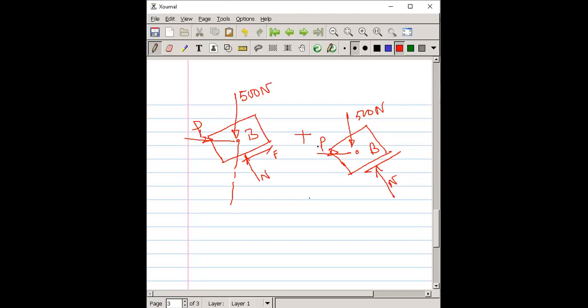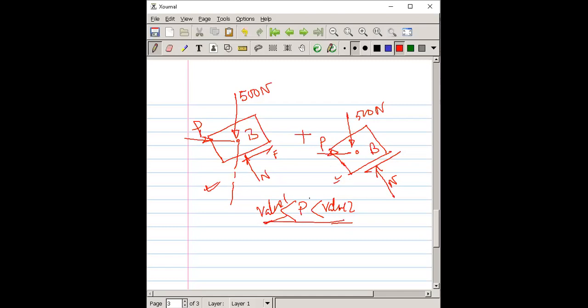Two things may be possible due to this applied force variation, meaning P should have some value. If we consider value 1 and value 2, value 1 means this case, and value 2 means this case where P is less.